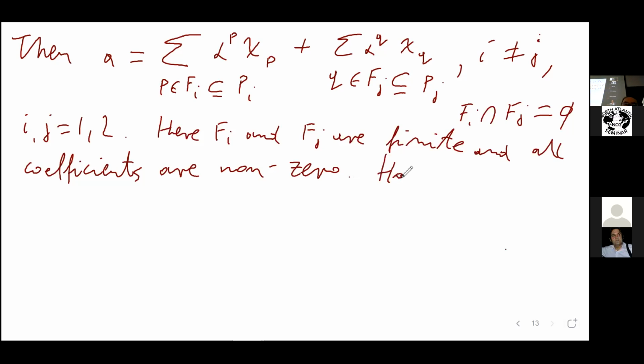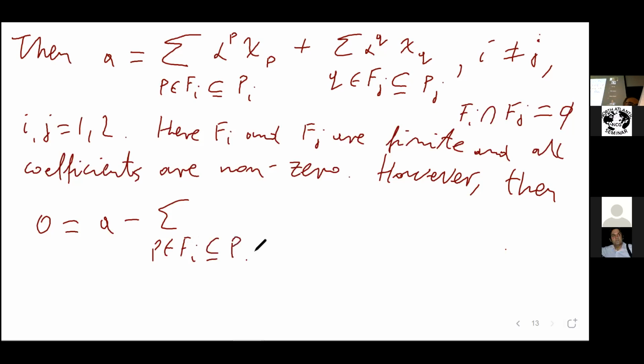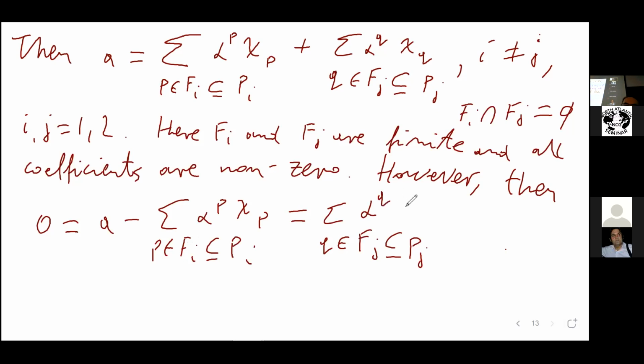However, then we get the desired contradiction. Why? Then we note that A minus the sum over P, this is the same as above, I'm just rewriting it, is not 0 and it's equal to the other guy, the sum over Q in Fj, in Pj, alpha Q chi Q. Well, why is it not 0?